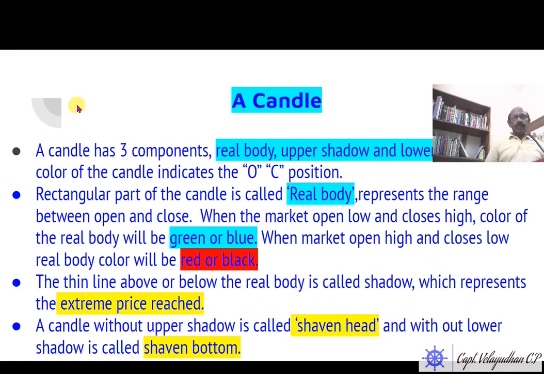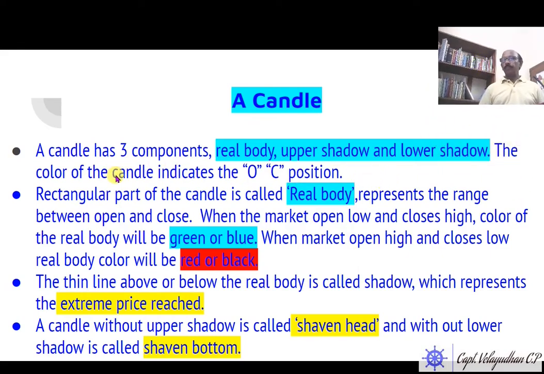Now we go on to the candles. A candle has 3 components: a real body and upper and lower shadows. The color of the candle indicates the open and close position. The rectangular part of the candle is called the real body, which represents the range between open and close.